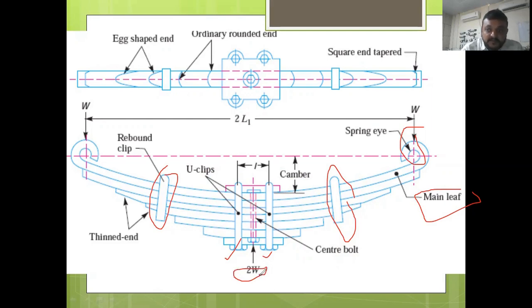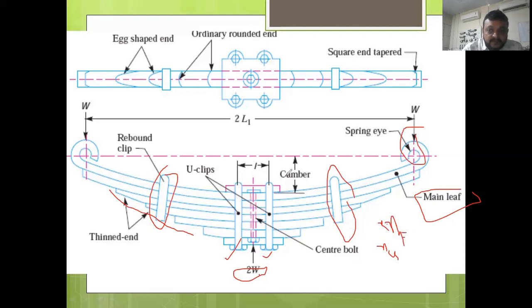Say here some leaves are main leaves and some are graduated leaves. So bottom leaves are generally considered as graduated leaves, and for that we have to consider it as NG. NG means number of graduated leaves, and NF is the number of full length leaves.